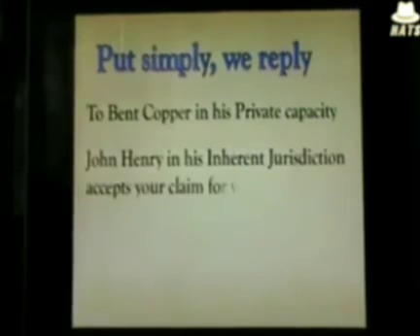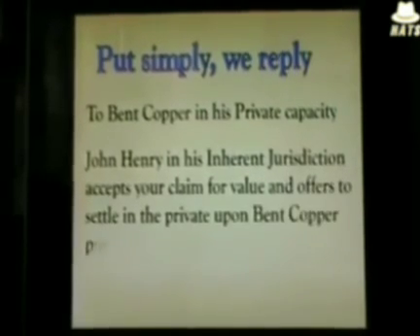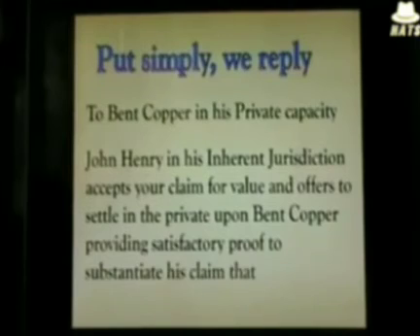Put simply, we reply to the bent copper in his private capacity. And we say, John Henry in his inherent jurisdiction accepts your claim for value and offers to settle in the private upon bent copper providing satisfactory proof to substantiate his claim that the claim was addressed to you but was served on John Henry. It's that simple.